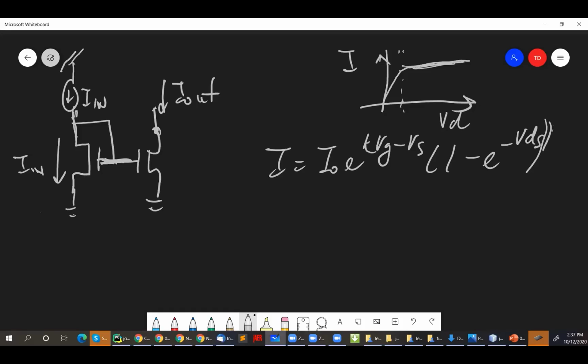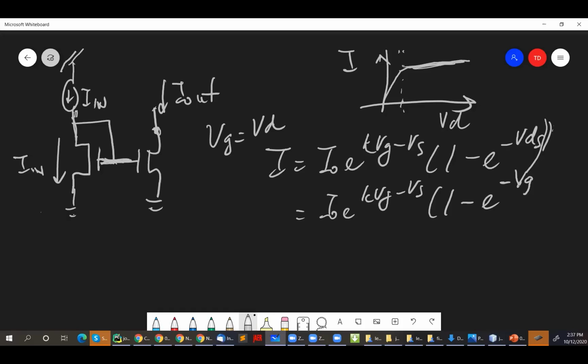So now you tie the gate. This is VDS over here. But remember that for this transistor here, the gate is equal to the drain voltage, because you're tying it as a diode. So that means you can rewrite this equation as 1 minus e to the minus VD.